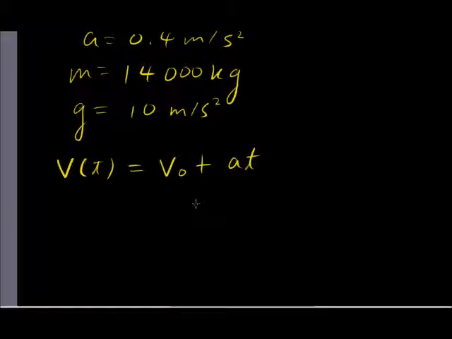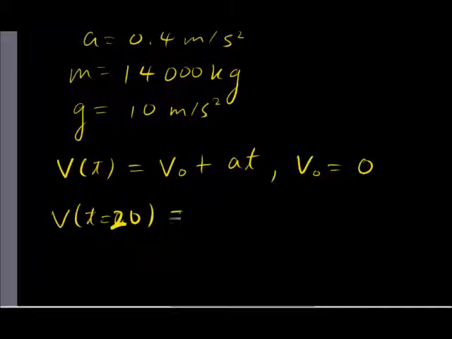And in this case, it's stated that it starts from rest at time equals 0, so from there we know that v0 is equal to 0. So v at t equals 20 is simply 20a. And since we know that a is 0.4, this is nothing more than 8 meter per second.